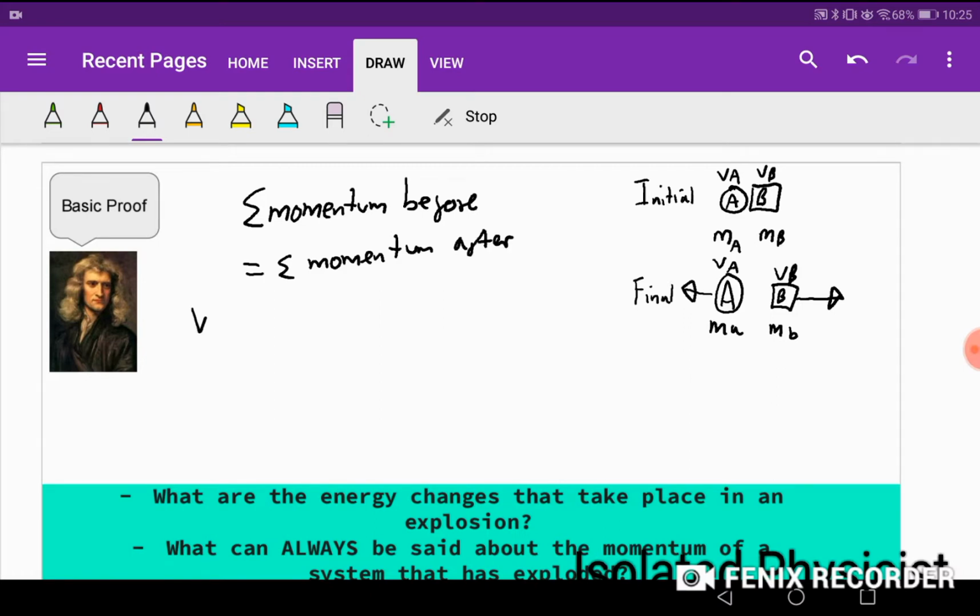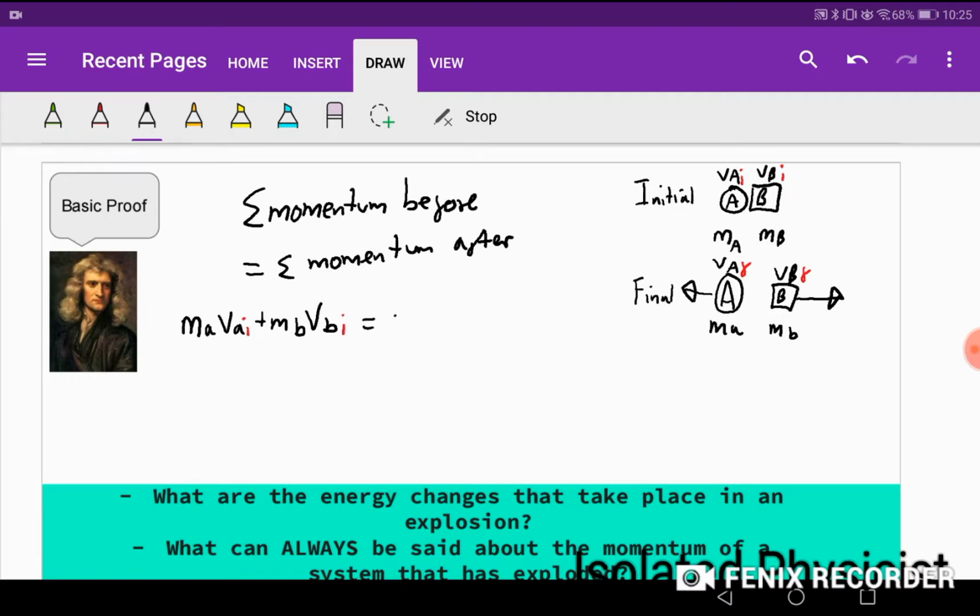So, you know momentum is mv, so we have MAVA plus MBVB. I should have labelled these velocities to show that they're initial and final, so let me go back and put these in.